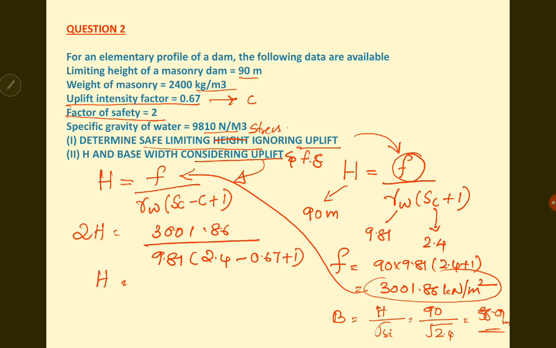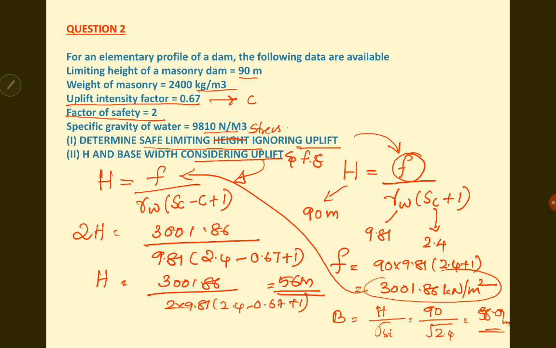H is equal to 3001.86 by 2 into 9.81 into (2.4 minus 0.67 plus 1). Okay. So from here you will get the value of H as 56 meters. So considering the uplift, you just have a height of 56 meters.